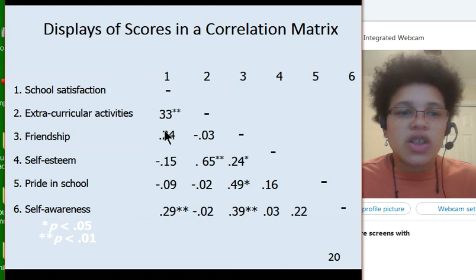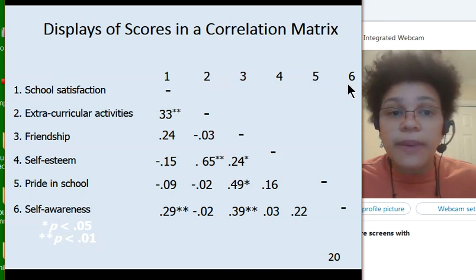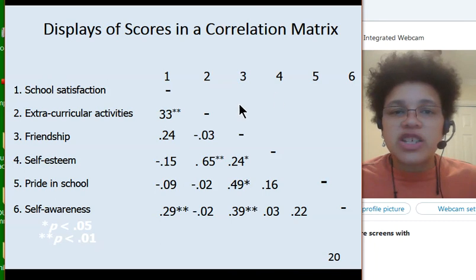So here's number 1. We got a matrix. This number 1 is for school satisfaction, 2 for extracurricular activities, friendship, self-esteem, pride in school, and self-awareness. And we're going to talk more about looking at this kind of thing when we talk about findings and conclusions. But I just want to give you an overview now.